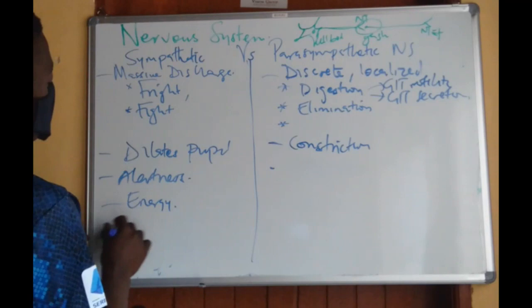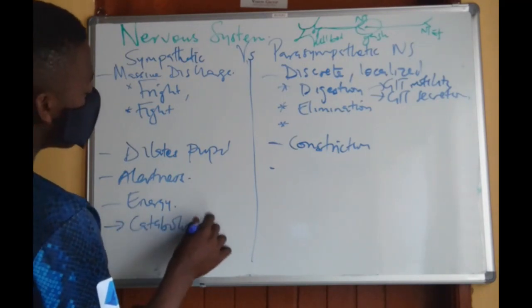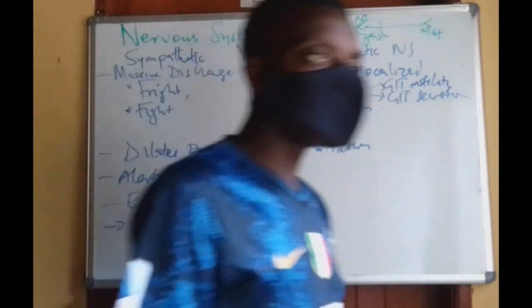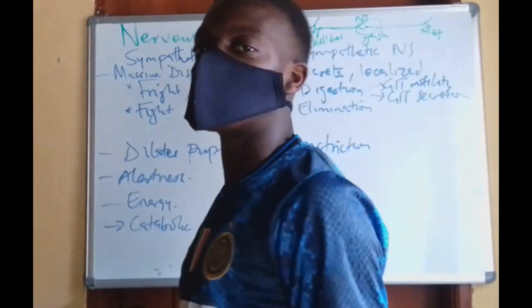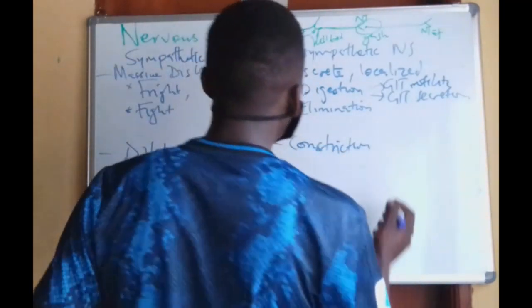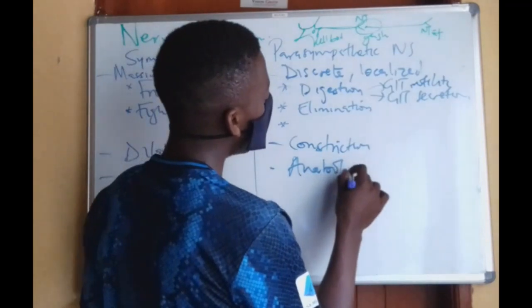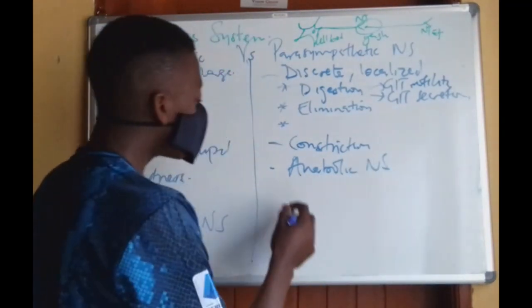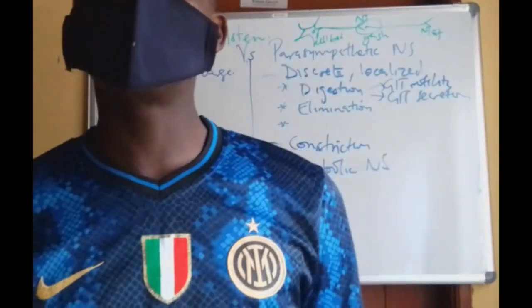So it is called the catabolic nervous system, because it is causing production of a lot of energy which is produced by breaking down compounds, but not absorption. So this one will be anabolic. It's called the anabolic nervous system because it causes digestion to supply energy containing compounds to the body.